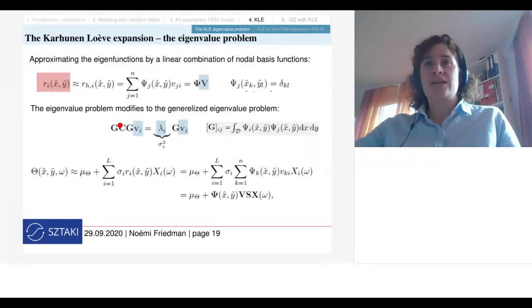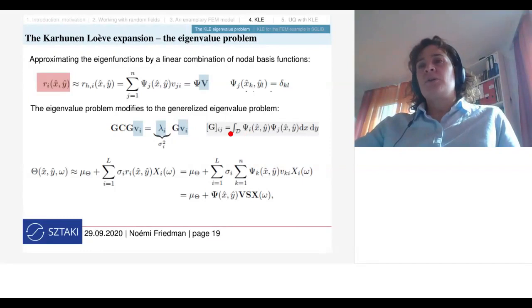It is the covariance matrix. So now I have to evaluate the covariance at the given mesh node pairs, and G will be the Gramian matrix or the mass matrix, which is the integrated product of the basis functions.